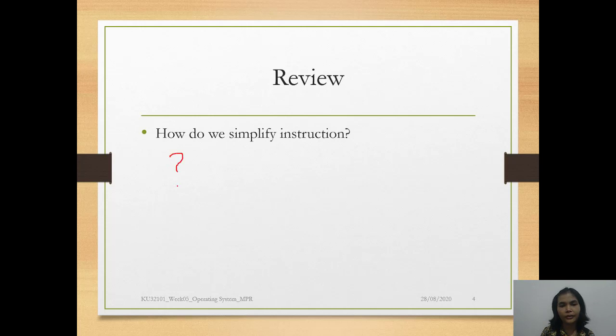Maybe some of you have the answer of linking two instructions into one longer instruction. So this is one way of simplifying the instruction. Okay, and if you still have another way, you can also mention it later on in the practicum session.